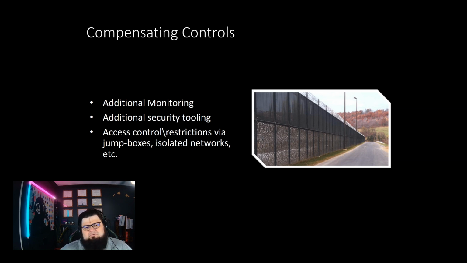It could be moving it to a segregated network and really locking down that firewall to only allow very explicit traffic from specific locations. Implementing things like jump boxes to access it so you don't really risk people logging on there. There's a whole world of things you can do to add these compensating controls to situations that are non-ideal. So don't freak out.